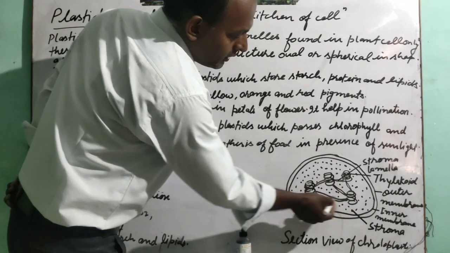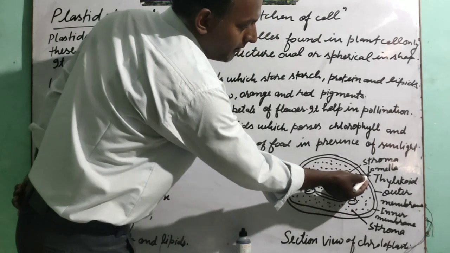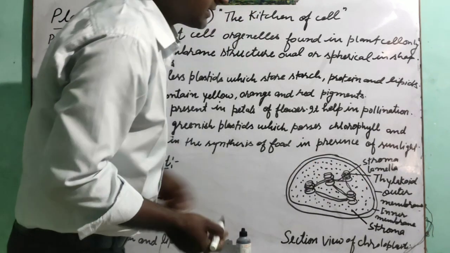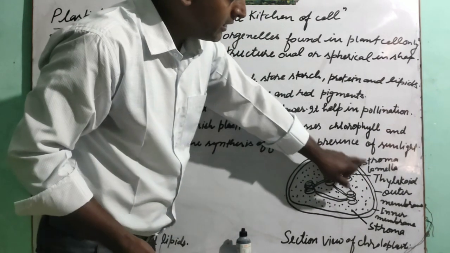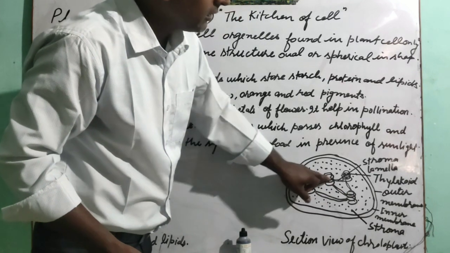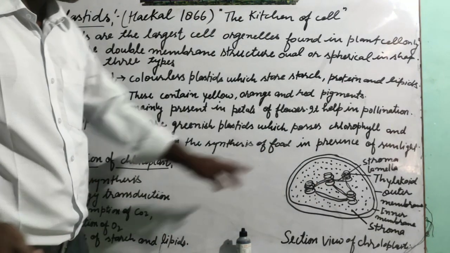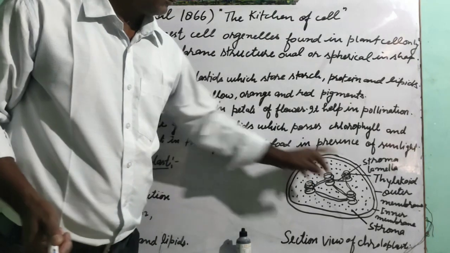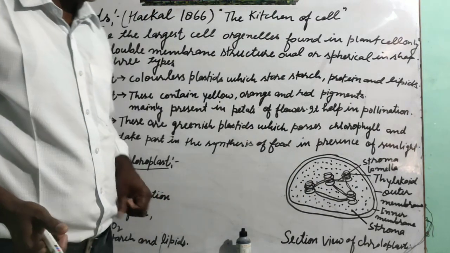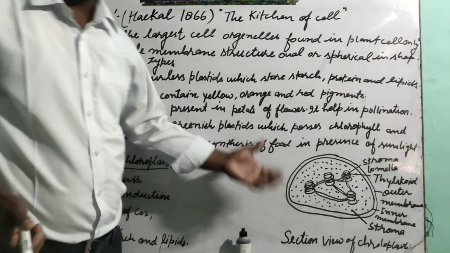This is known as stroma lamellae, which is helpful to connect the thylakoids with each other. This is the section view of chloroplast. If there is any problem, you can comment to me.